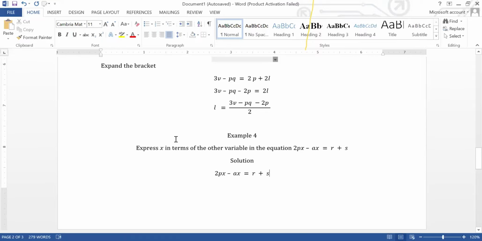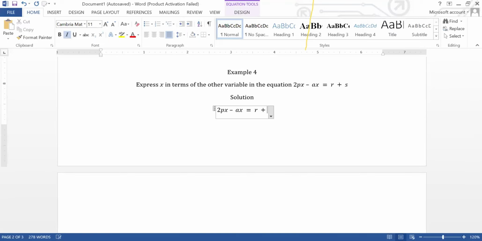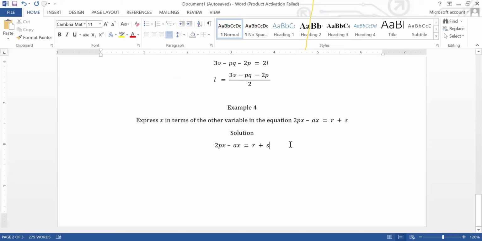Since we are making X the subject, X is already grouped. You can see X is grouped at one side. So we just have to factorize out. Right? So you factor X out. Good. So you have X outside, 2P minus A, which will give you R plus S. Then what do you do? You just divide.